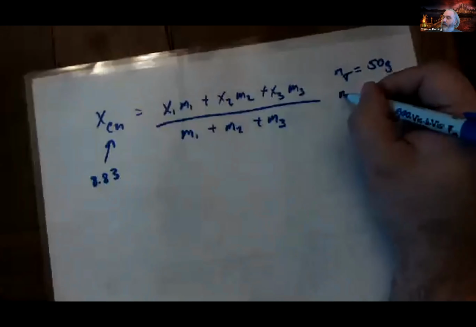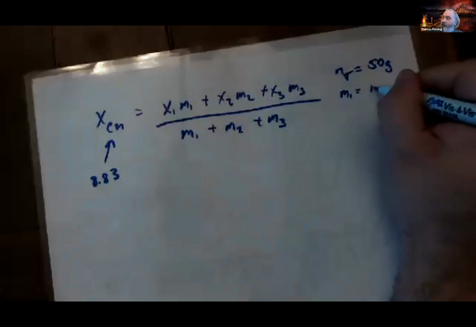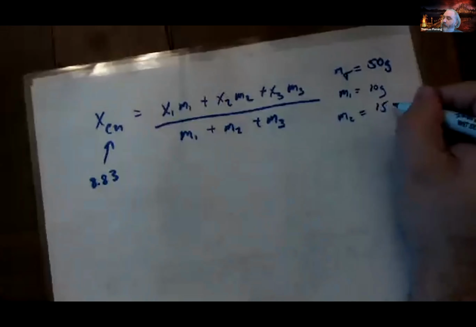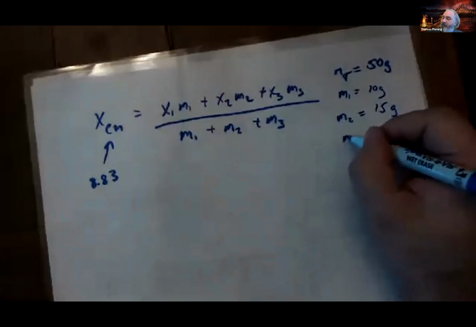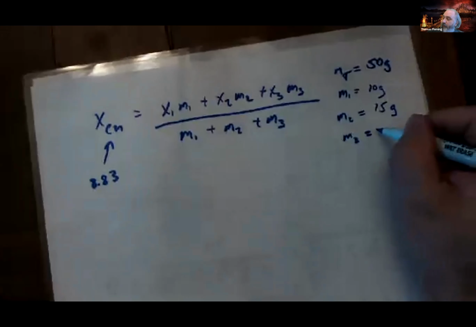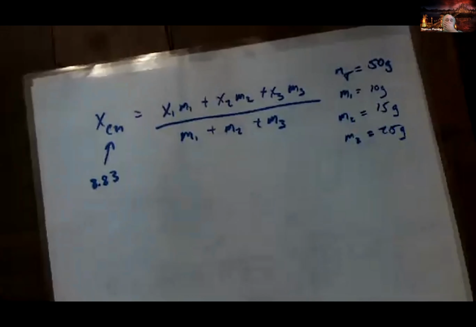However, piece number 1 is 10 grams. Piece number 2 is 15 grams. And that implies that piece number 3 has to be the remaining 25 grams. Right? So they all add up to 50.